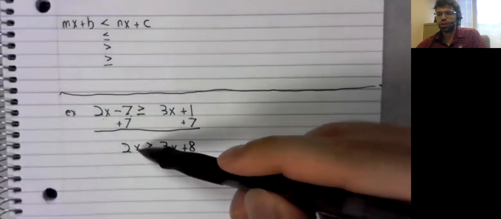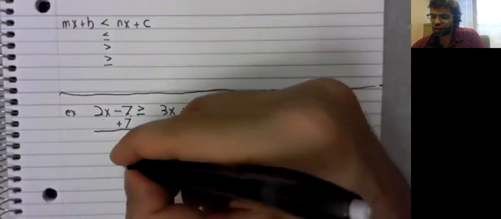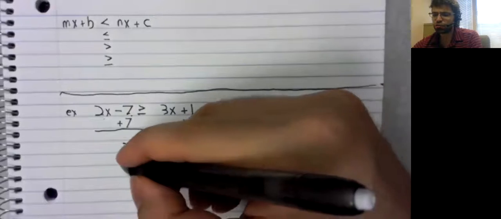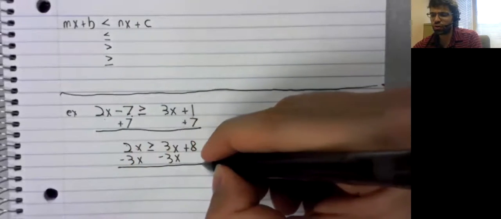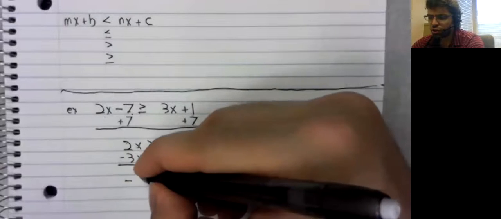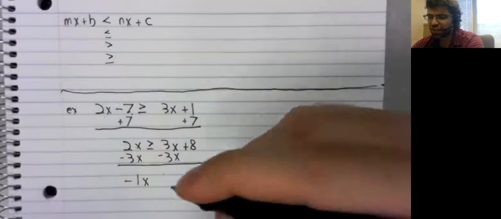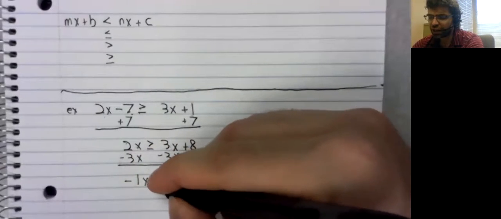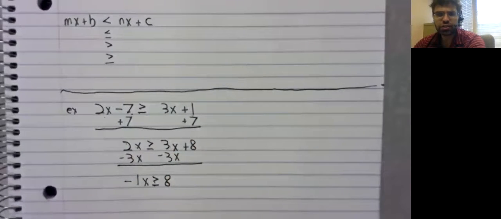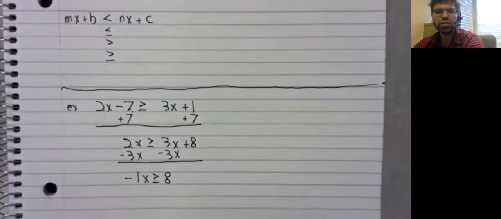And now we want to combine these via subtraction. Maybe we subtract that 3x over. And because x is a variable, we don't know whether 3x is positive or negative. But for subtraction, that doesn't matter. It's only multiplication or division where that comes into play.